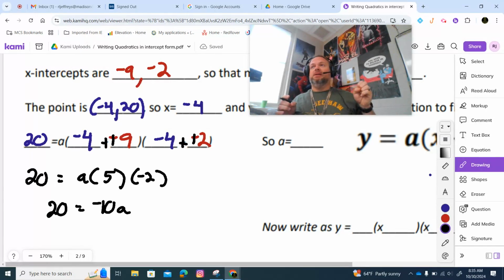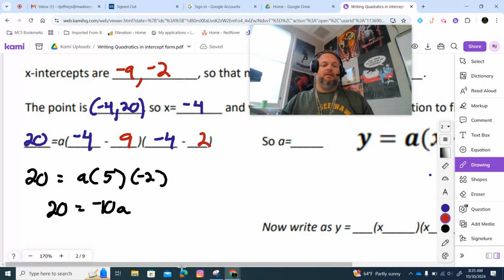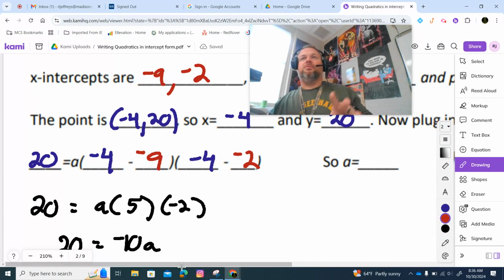Okay. All right, are we all together? I don't want to lose anybody. No. All right, so where did I lose you? Where I went from here to here. All right, in the original formula, there's a negative right here, right?